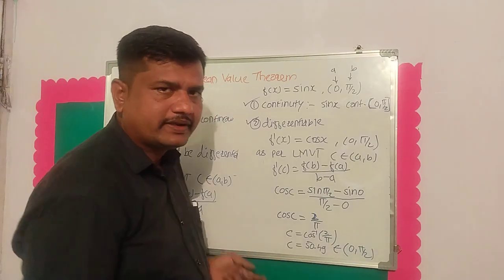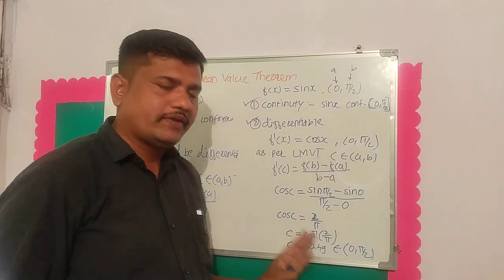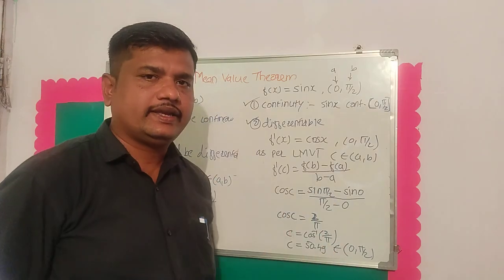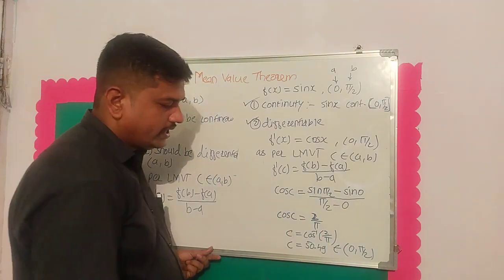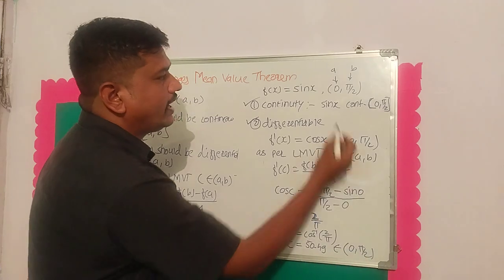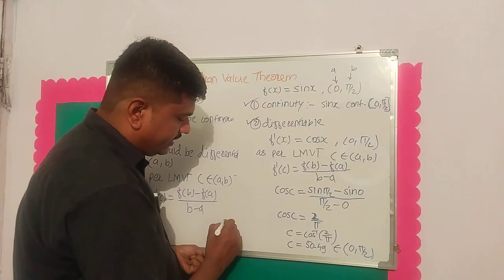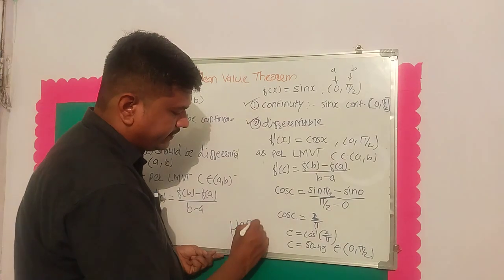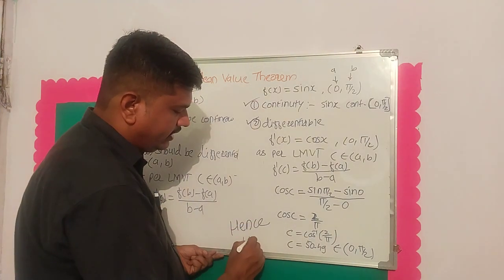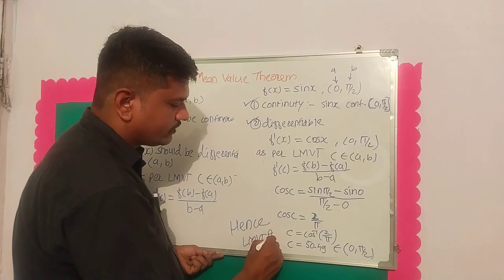Pi by 2 is nothing but 90, so this number definitely comes between 0 and 90. That is what we have to prove here, that C comes within 0 and pi by 2. That means C comes within A and B, and then you can write: hence LMVT is true.